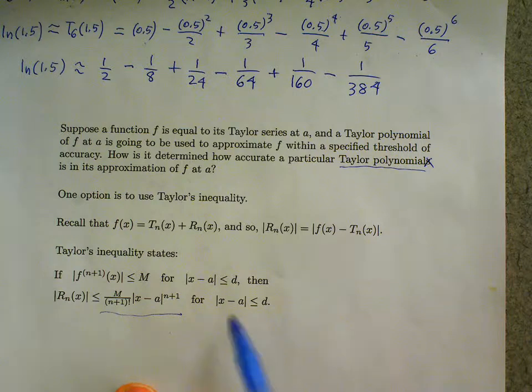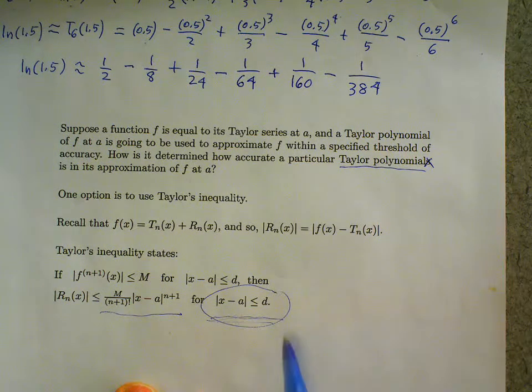So just a comment about this. This is just the absolute value of x minus a less than or equal to d. That just specifies the interval near a that the x values are being chosen. So the absolute value of x minus a less than or equal to d, we're assuming d is a positive real number.